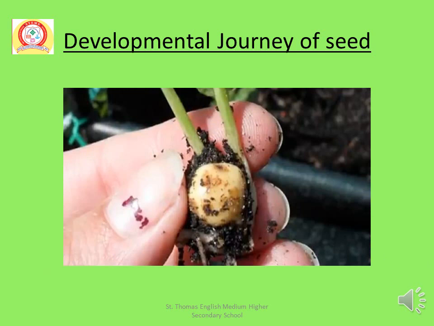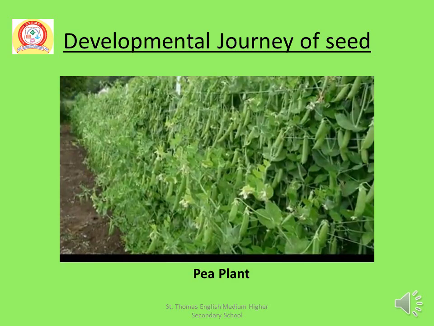In some plants, during germination, the seed leaves remain inside the seed. Once the food supply is over, it dries out. For example, pea plant.